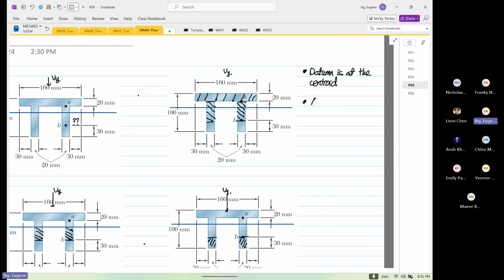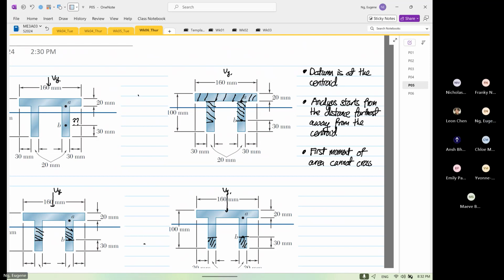Analysis starts from the distance furthest away from the centroid. And third, the first moment of area cannot cross the centroid.